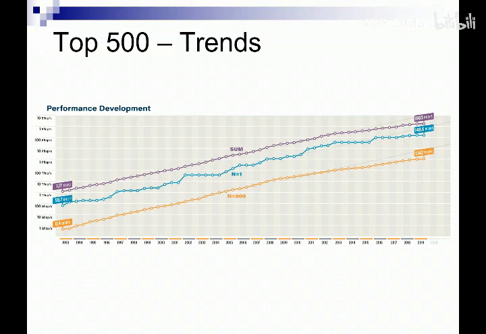Now, it's interesting to look at how these curves grow over time. For example, if you go back about 20 years, in 2000, the fastest supercomputer in the world at that time did about 10 teraflops.